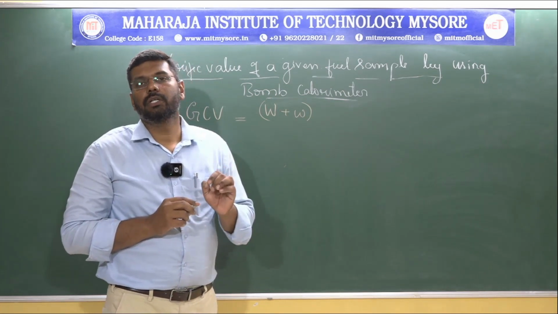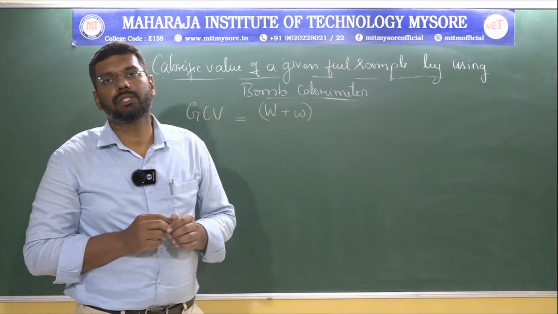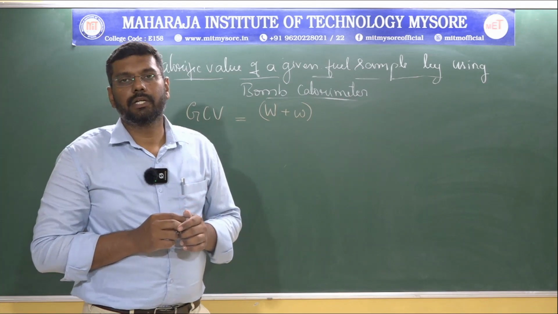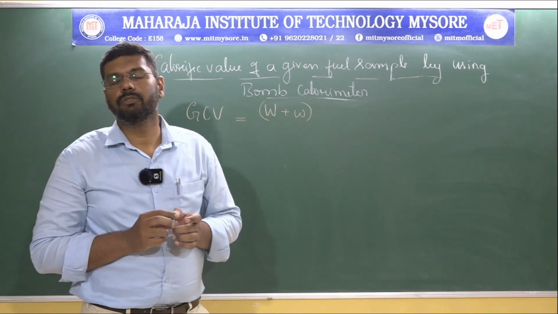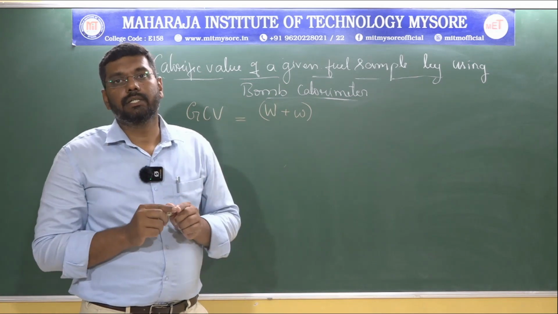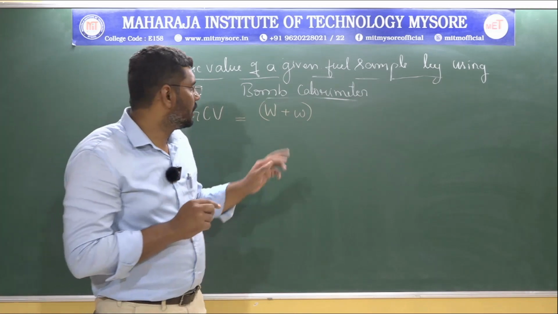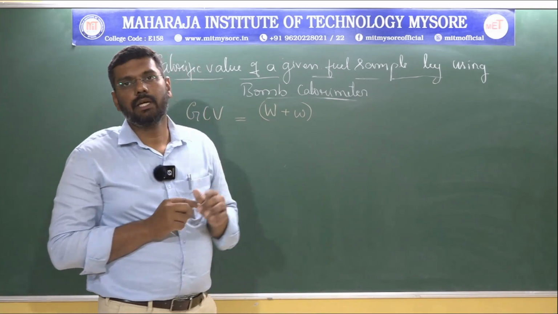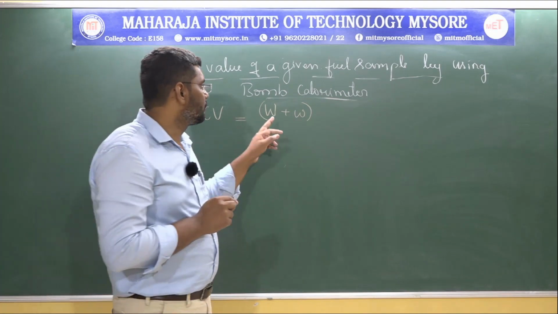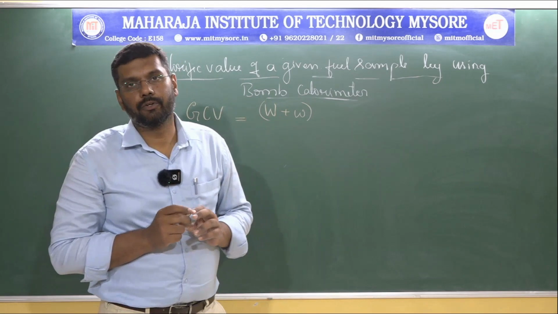Previously, while explaining the construction of the bomb calorimeter, I told you that we transfer the water into the copper container after knowing the weight of that water. So W is the mass of the water taken inside the bomb calorimeter, and small w is the water equivalent of the calorimeter.